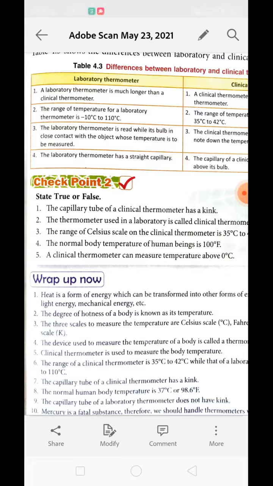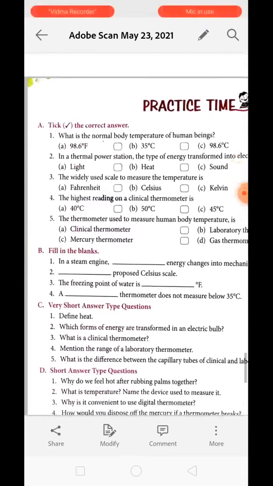Third: the range of the Celsius scale on a clinical thermometer is 35 degree to 42 degree centigrade. Yes, it is true. Fourth: the normal body temperature of a human is 100 degree Fahrenheit. No, it is false. Fifth question: a clinical thermometer can measure temperature above 0 degree centigrade. No, it is false because it starts from 35 degree centigrade. It cannot measure 1, 2, 3 degree centigrade. Clear?